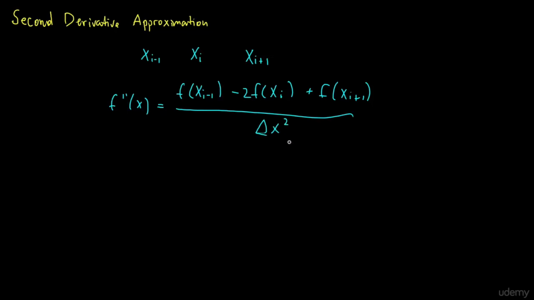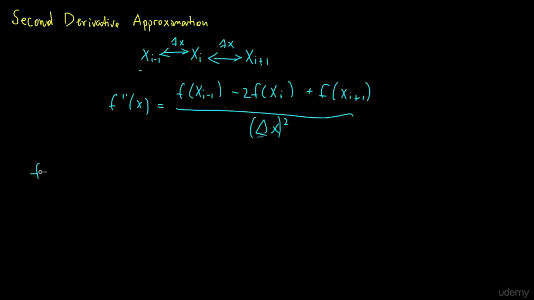Remember, delta x is once again the distance between these points. So it's really delta x here, and similarly delta x here. Here we're squaring delta x. So this is our formula, and we can now try applying it to estimate certain second derivatives.